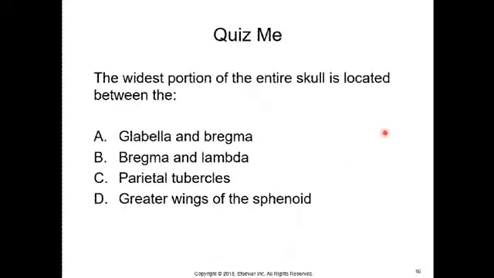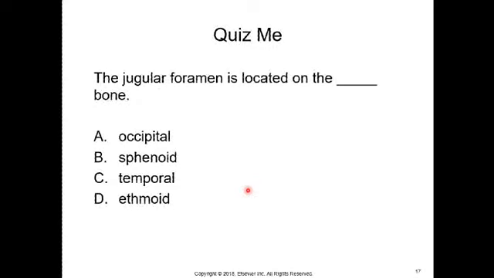Now, I have given you this in Lab B. I'm not sure if Lab A has seen the Quiz Me material in the PowerPoints. These are all available to you in the initial PowerPoints posted, but just to go through them, the widest portion of the entire skull is located between the parietal tubercles. The jugular foramen, where would that be located?